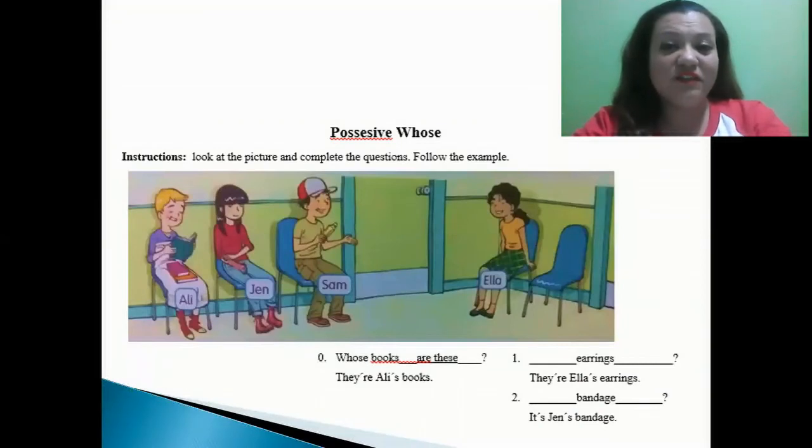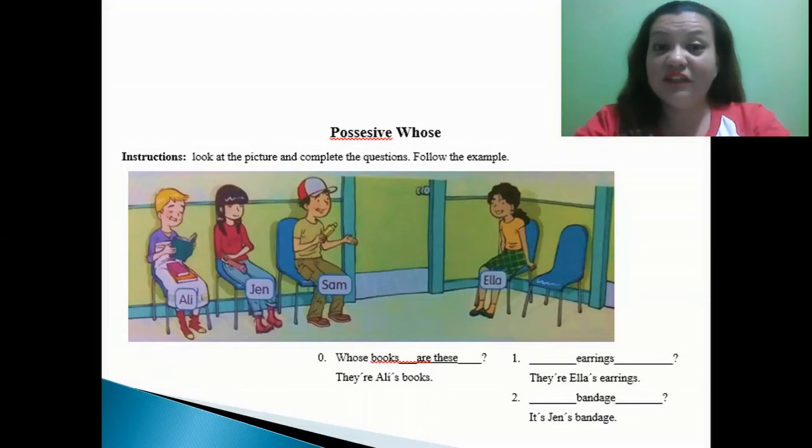In the next exercise, you're going to practice using possessive whose. So you have to look at the picture and watch each character because they have objects. So let's follow the example. It says, whose books are these?